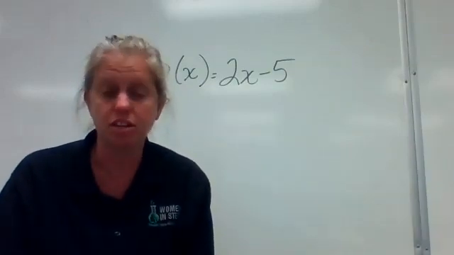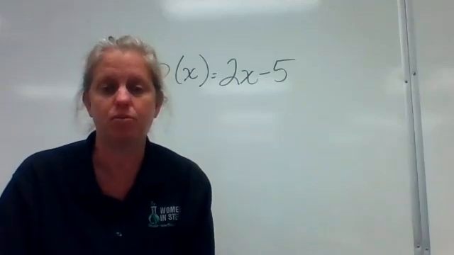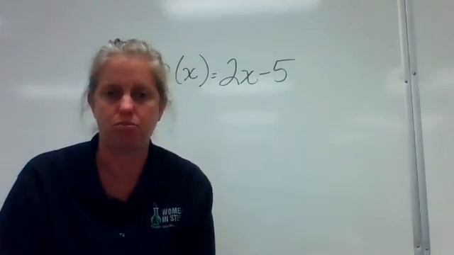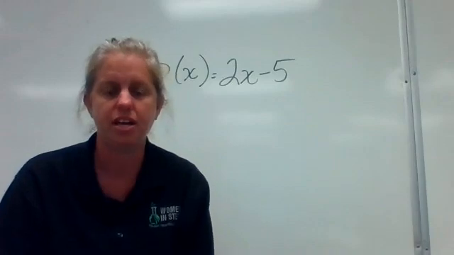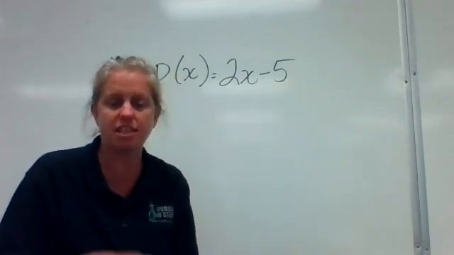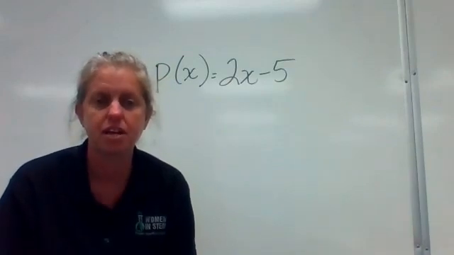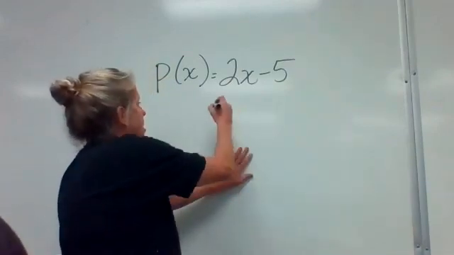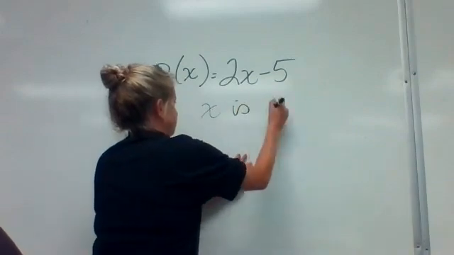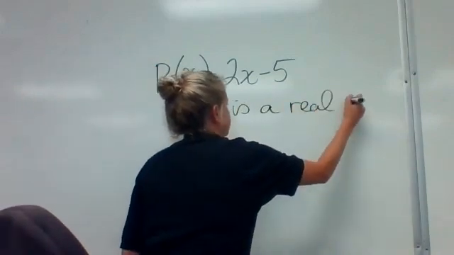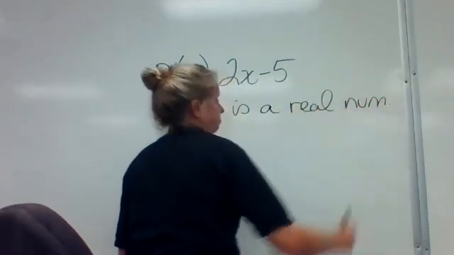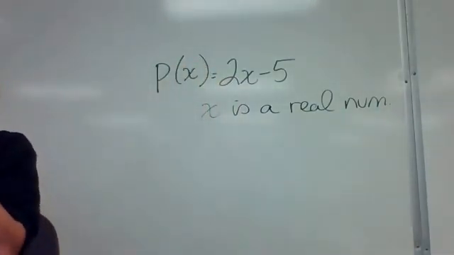Because you are not going to be able to find that number, right? You can multiply anything times 2. There's no restriction on that. You can subtract 5 from anything. There's no restriction on being able to subtract 5 from a number. So this one is just going to be x is a real number. There's not any restrictions.